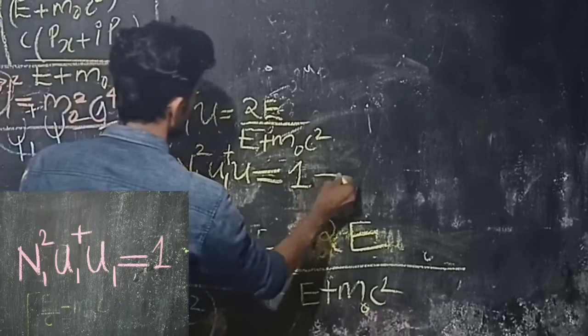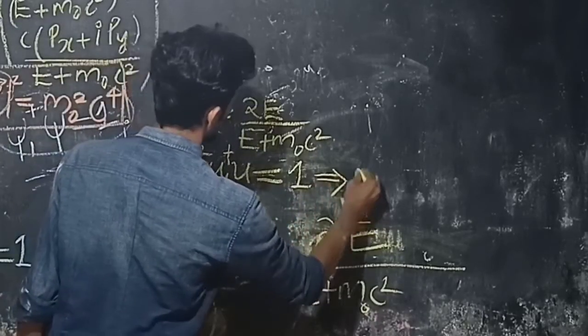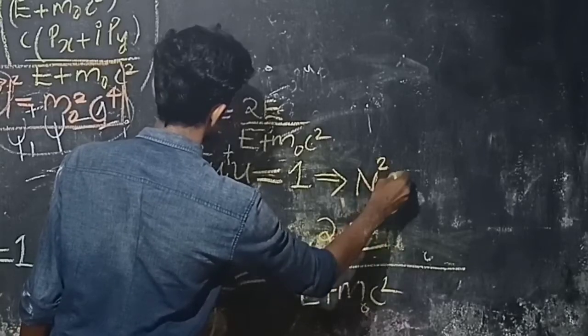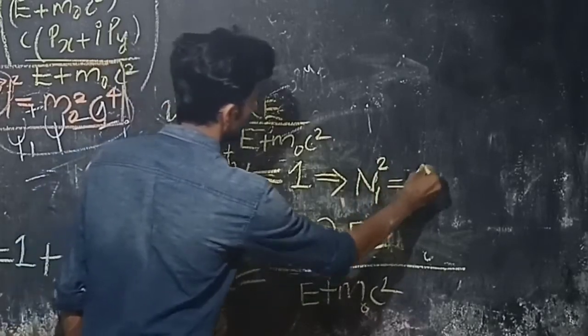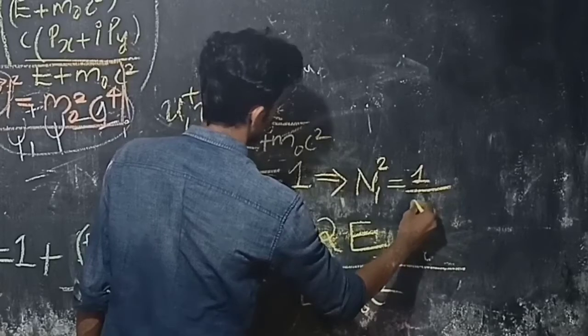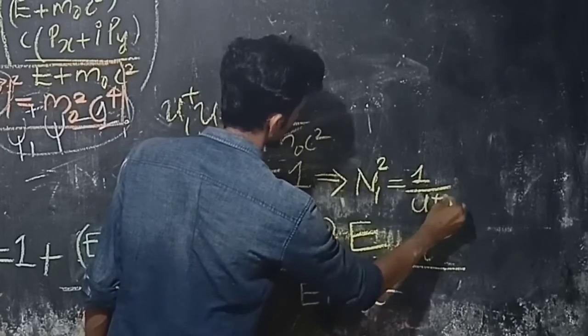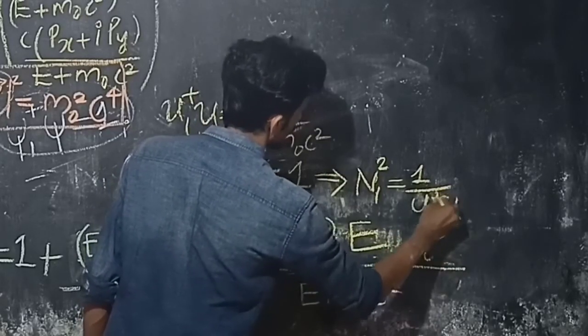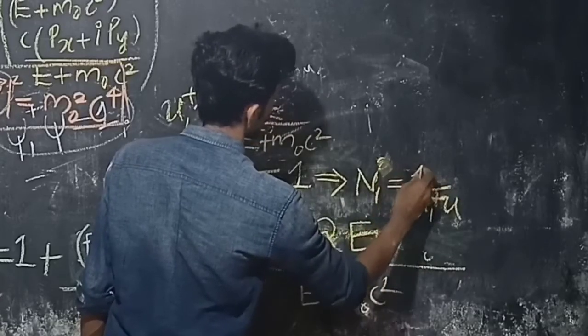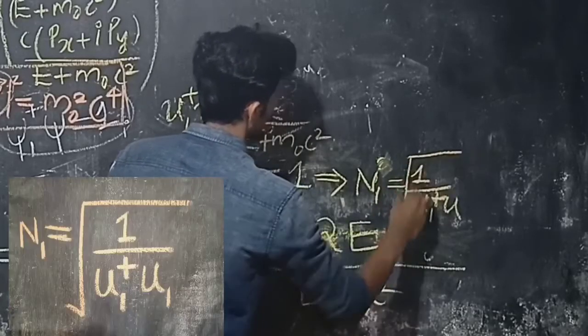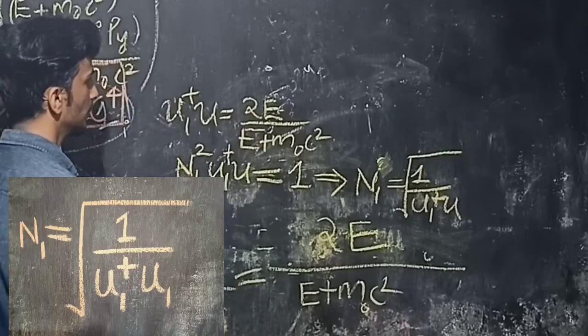So from this equation you can simply see that N1 square is equal to 1 over u1 dagger u1. That gives N1 is equal to root of 1 over u1 dagger u1.